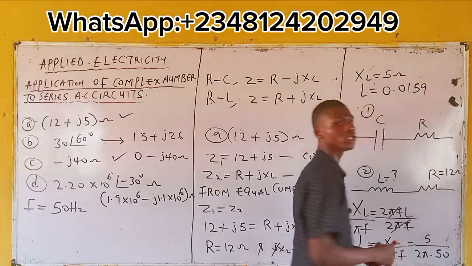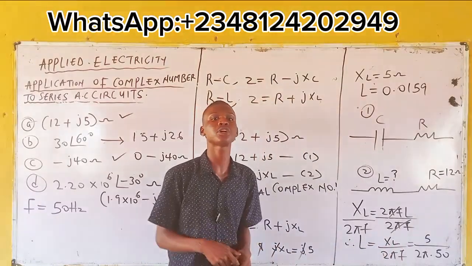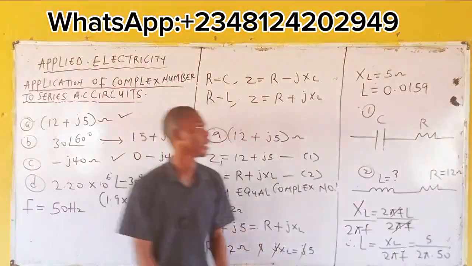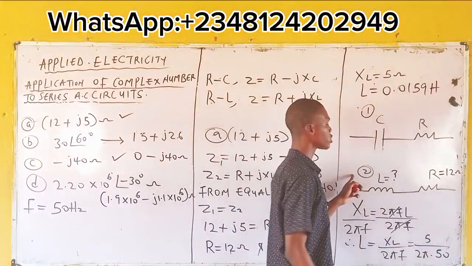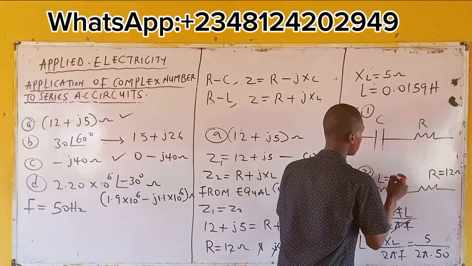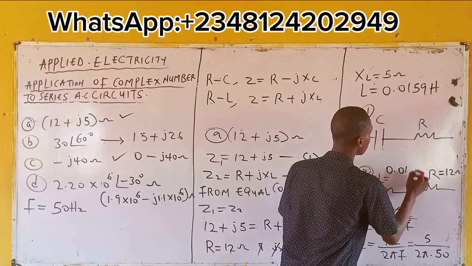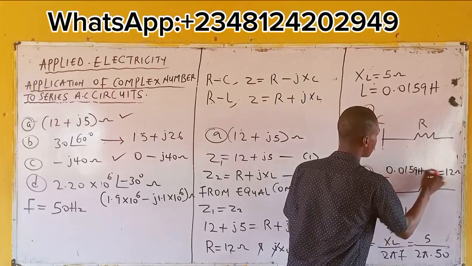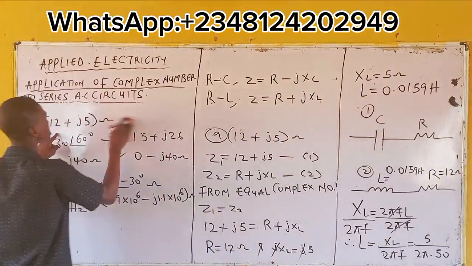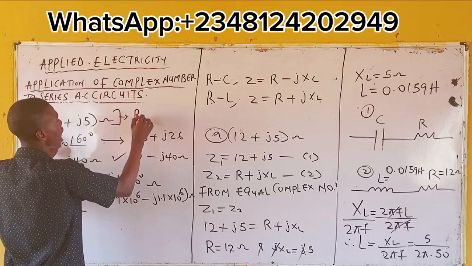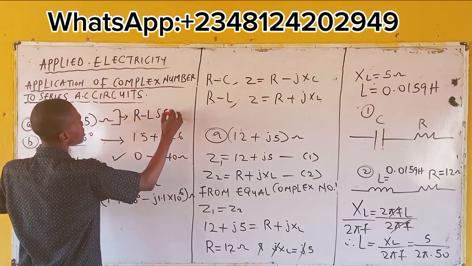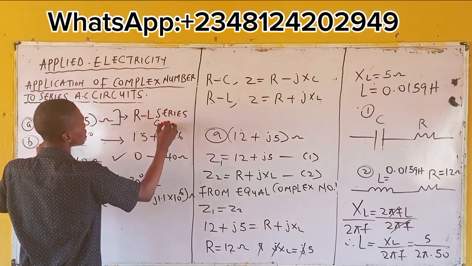We got L to be 0.0159. What will be the unit? What's the unit for inductor? Henry, H. Meaning that in place of this unknown, my value now is 0.0159 Henry. So you already identified that the type of circuit for question 1 is an RL series circuit.